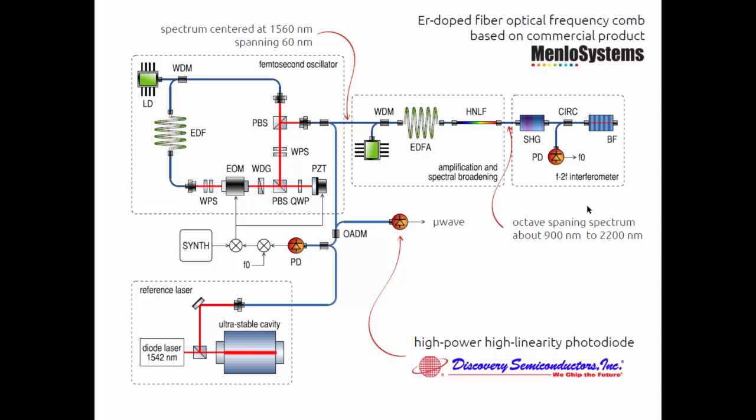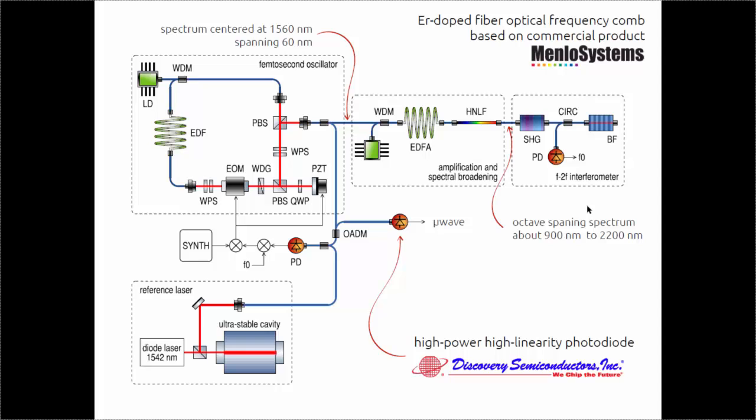So the system looks a bit like that. We use a comb that's based on a commercial product from Menlo Systems. We use high-power photodiodes from Discovery Semiconductor. We have a 250 megahertz repetition rate comb that's centered around 1560 nanometers.